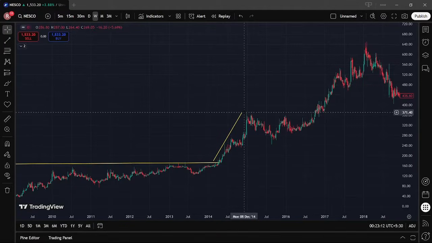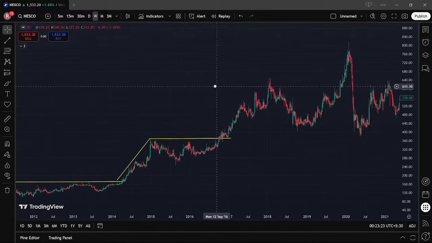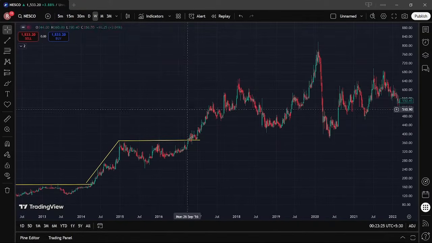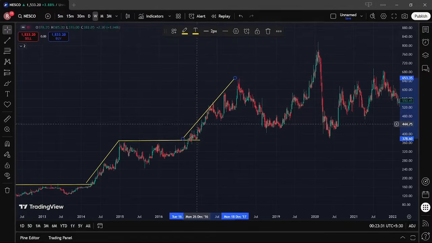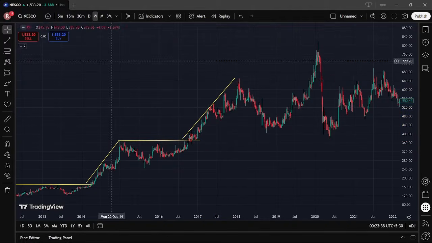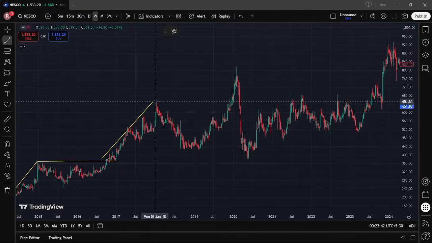It gave almost 100% return, and right from there, it again got into a phase where it was testing or sustaining the level. Once it broke, it again started trading, and right from 375, it touched 650, and again it got corrected.